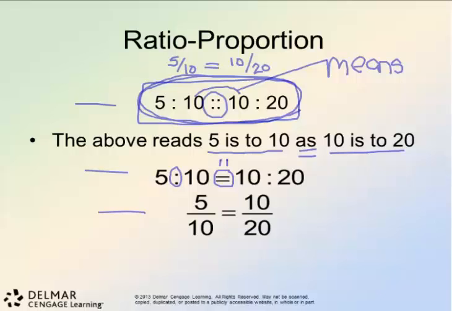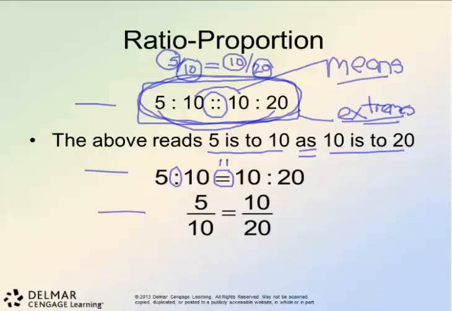And the outer ones are called the extremes. If you look at the means, 10 and 10, that is the first fraction's denominator and the second fraction's numerator. Those are called the means. The first fraction's numerator and the second fraction's denominator are called the extremes.